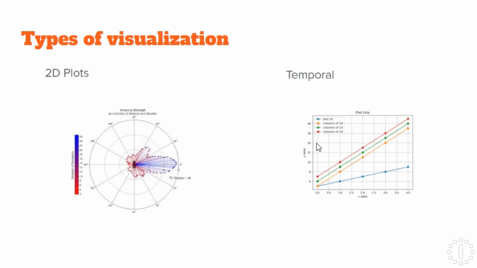On the other side is the temporal. The temporal is a 2D plot, but here we have some linear connectivity between the x-axis and y. Mainly temporal plots are used for timestamp data, when we have a start and an end of the time. It's for time series data, so we can know how the data has some trend over the time.